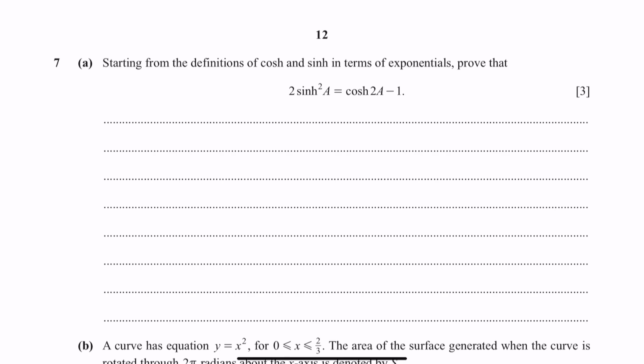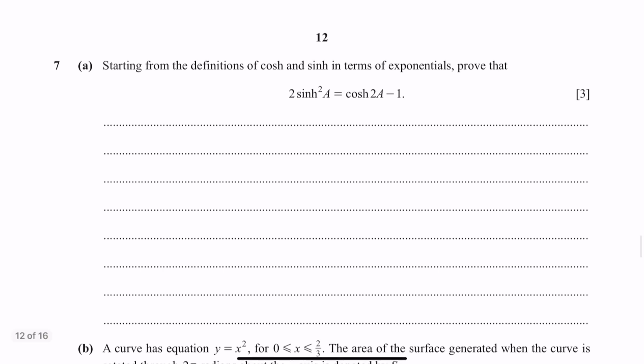So for question 7, we have to prove this equation starting from the definitions of cosh and sinh. So let's just write it out first. Cosh x, okay, let's use a here because they use a, right? So cosh a is e to the a plus e to the negative a over 2, and sinh a is e to the a minus e to the negative a over 2.